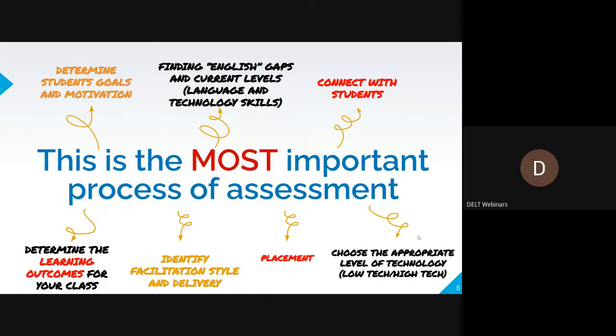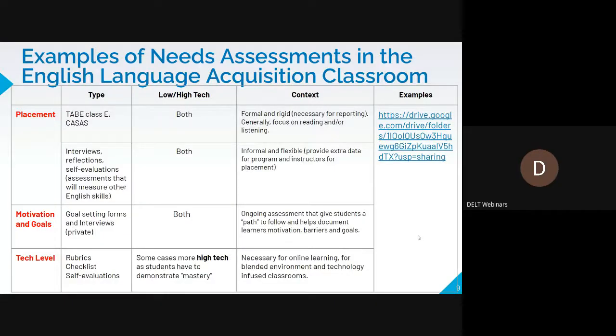With that said, I want you to check this table. We divided the needs assessment into 3 stages: placement, motivation and goals, and tech level. As you see, I put some here, and I would love to hear, when we have a moment, about sharing our experiences. What do you guys use?